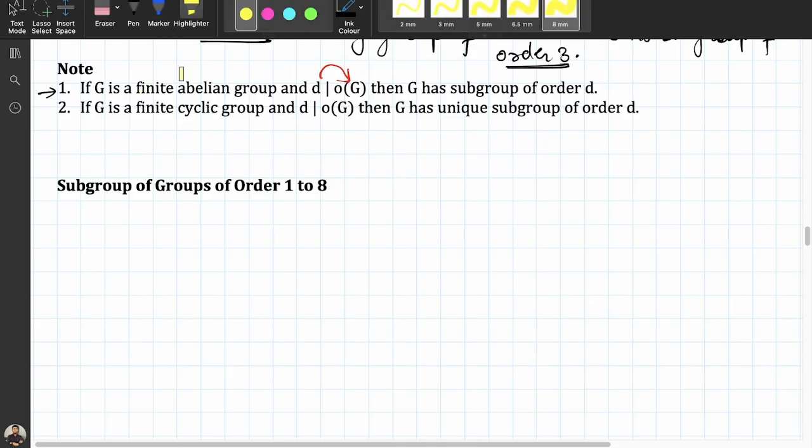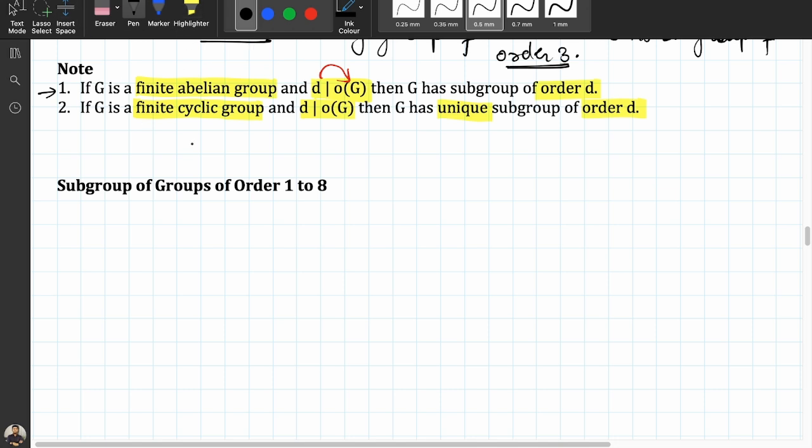I want to tell you, it is very important. If G is any finite cyclic group, and D divides the order, then it has a unique subgroup of order D.